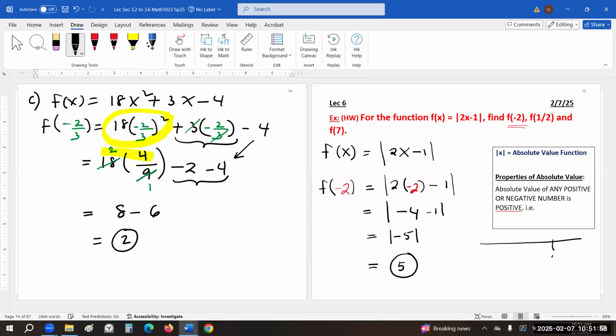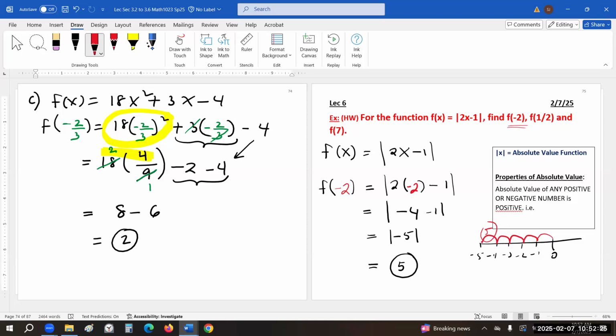So we have 0 here, negative 1, negative 2, negative 3, negative 4, negative 5. From 0 to negative 5, we have 1, 2, 3, 4, 5 units of distance. So that's why the absolute value of negative 5 is positive 5.